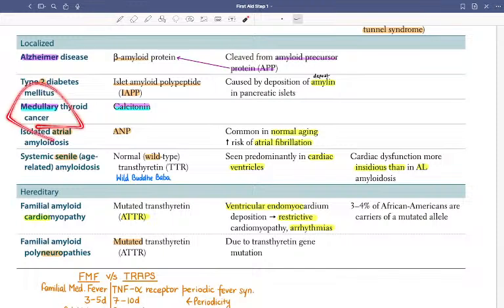Medullary thyroid cancer, calcitonin, very important. Medullary thyroid cancer, calcitonin, worst prognosis. That's why in medullary thyroid cancer you have eosinophilic areas, amyloid stroma, calcitonin. And what did we have in papillary?